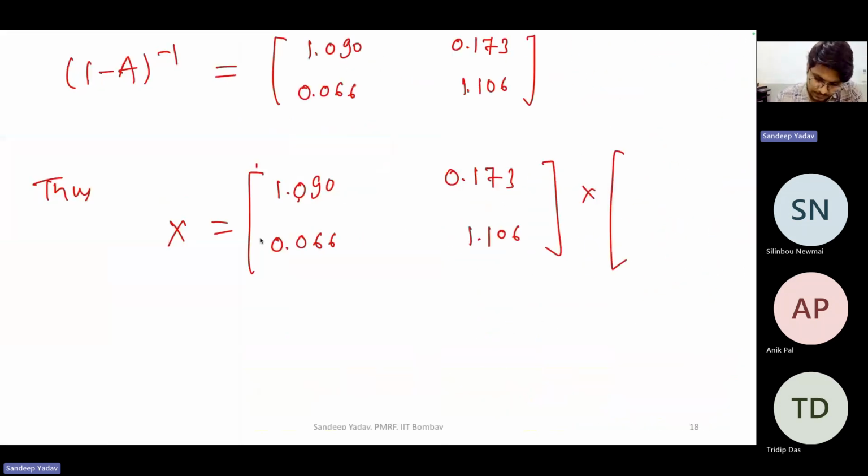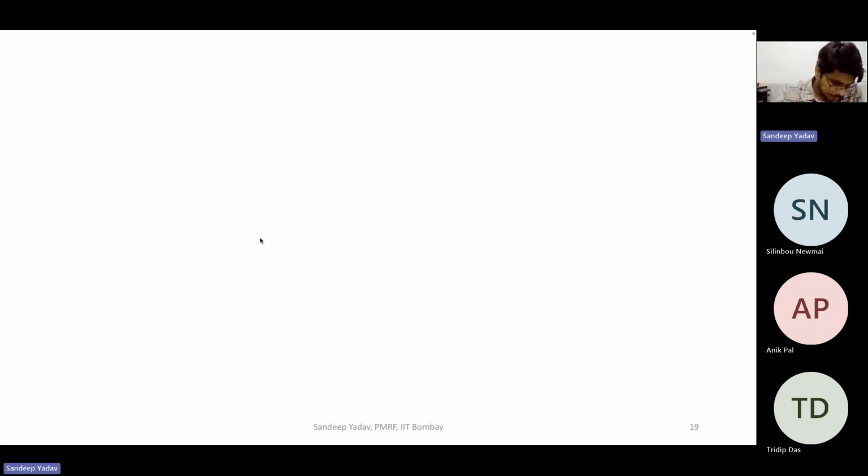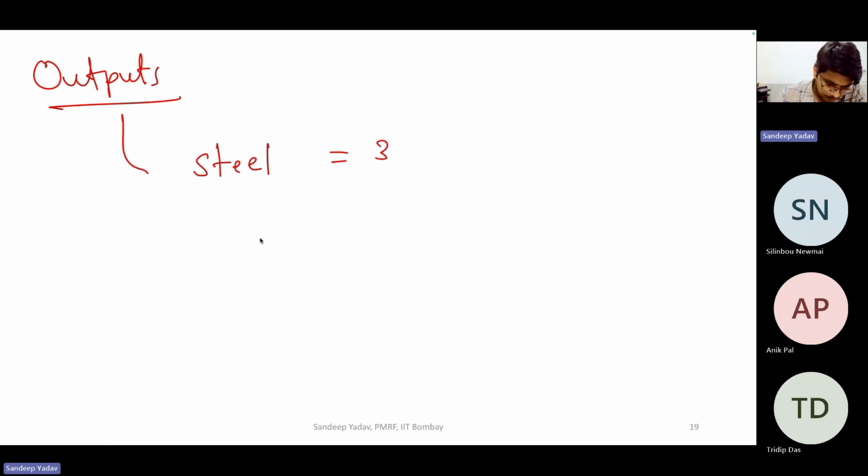So we'll write it similarly, 25 and 28 tons. When we solve this multiplication, X comes out to be 32.1 and 32.6. So the final outputs would be, for the steel, 32.1 tons, and for the coal, 32.6.